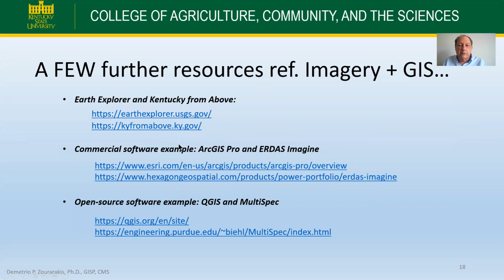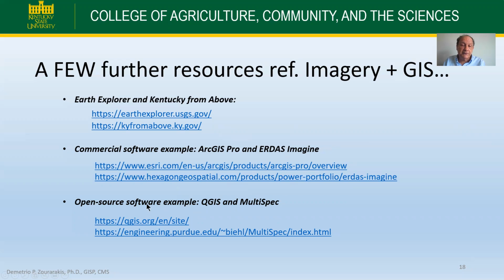Okay? A commercial software example, for example, ArcGIS Pro, the one I use, but ERDAS Imagine and ENVI, many others, commercial packages are specific for remote sensing and GIS. I mean, you do need a GIS to consume remote sensing products.